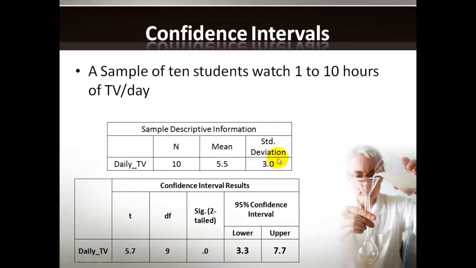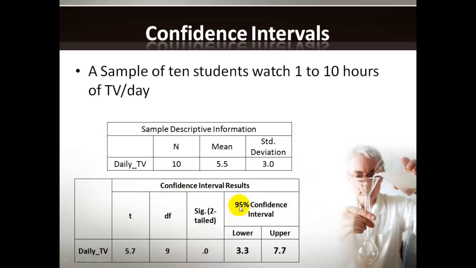Now remember, this standard deviation means that 68% of the sample watch between 8.5 and 2.5 hours of TV per day. So, using this and plugging it into our confidence intervals formula, which I won't be covering here because it's beyond the scope of this lecture, we're able to produce a confidence interval.